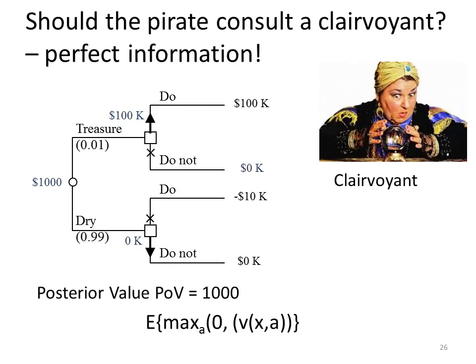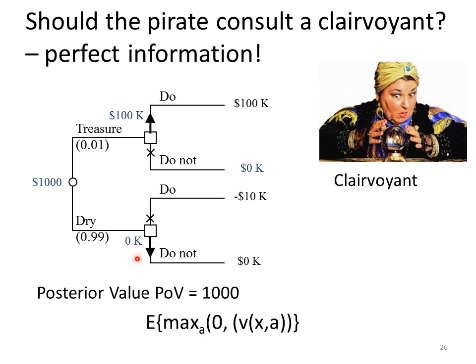Now, should the pirate consult a clairvoyant, perfect information? In this case the pirate will know beforehand, with 1% chance that there is a treasure and 99% no treasure, and based on that will take the action. So again we can solve the decision tree. At the decision node we take the maximum, and at the uncertain node we take the expected value, so we take the expected value of the max of 0 and the value.